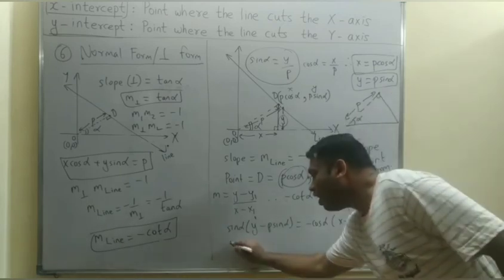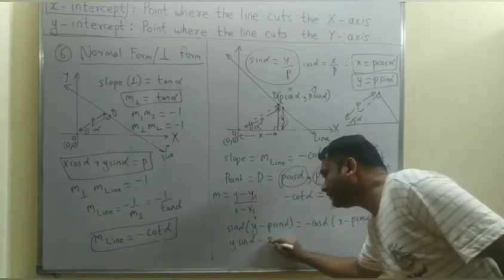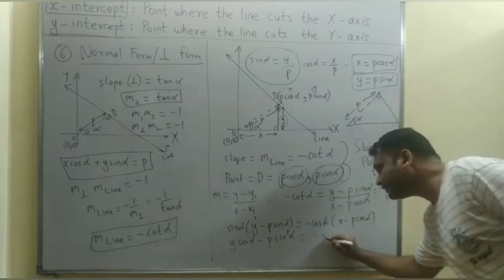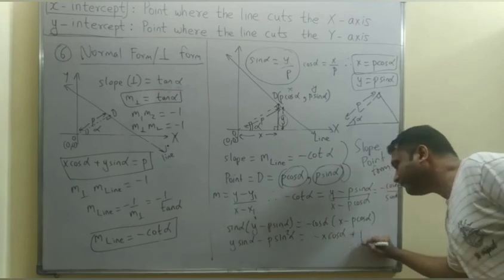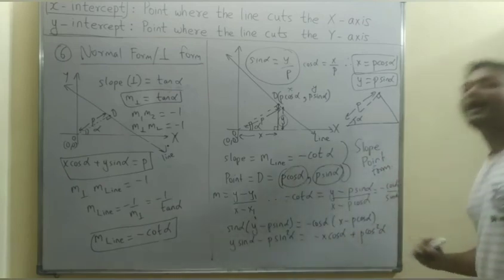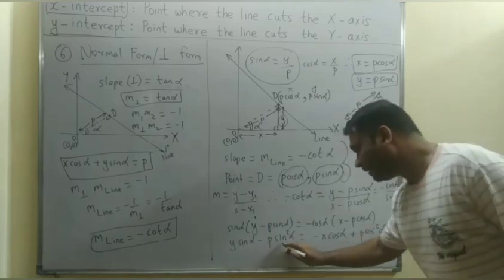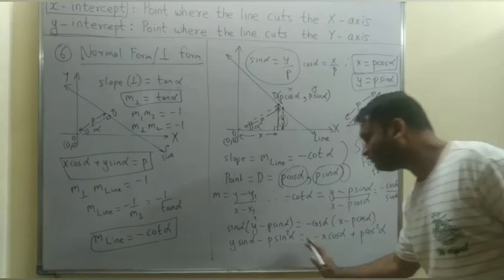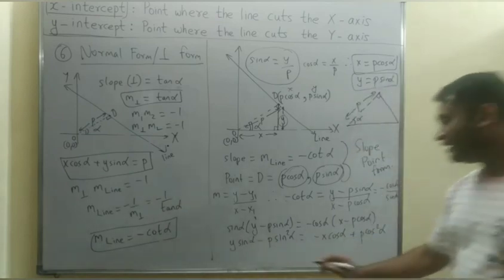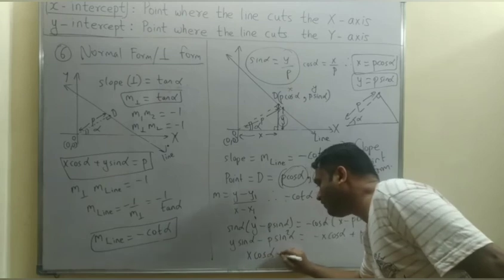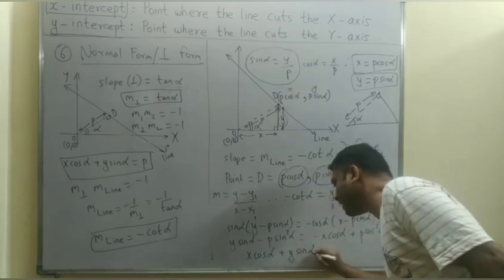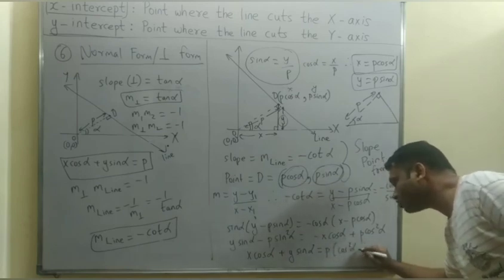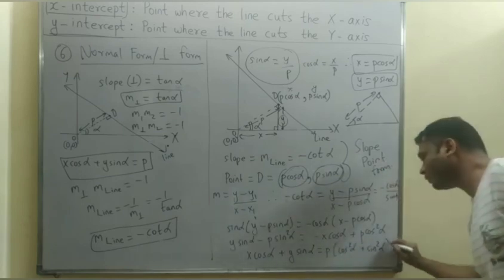Let us multiply: y sine alpha minus p sine square alpha equals minus x cos alpha plus p cos square alpha. Now taking minus p sine square alpha to the right hand side and minus x cos alpha to the left hand side, we get x cos alpha plus y sine alpha equals p into bracket cos square alpha plus sine square alpha.